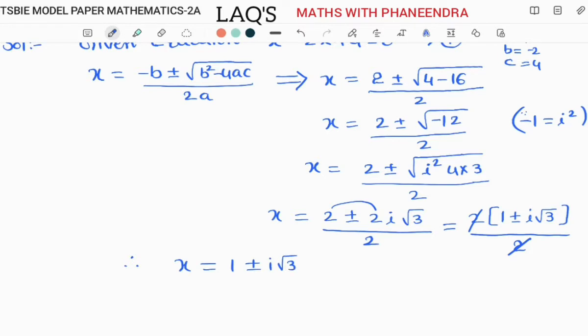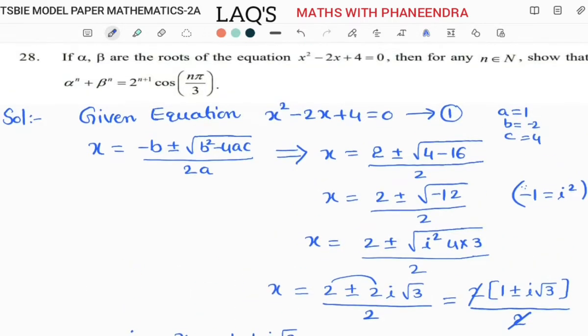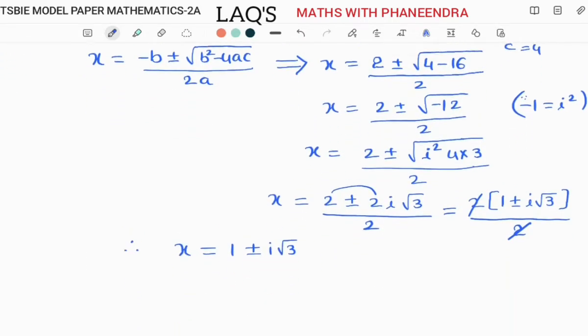See, after that they are asking to prove this, the roots plus or minus, we got it now. So one root is alpha. They mentioned that alpha, beta are the roots of the equation.